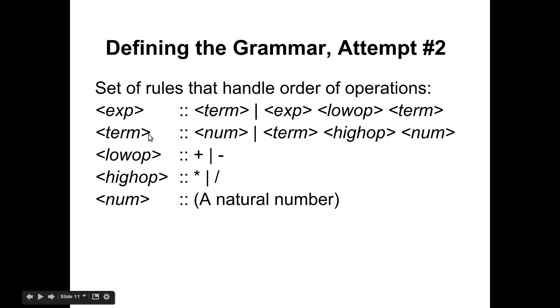And so term includes a high precedence operator, or a number, whereas an expression includes a low precedence operator, or a term. And this does the right thing. First, you have to match any terms with the high precedence operators. Then after that, you can combine them using any low precedence operators that you match.